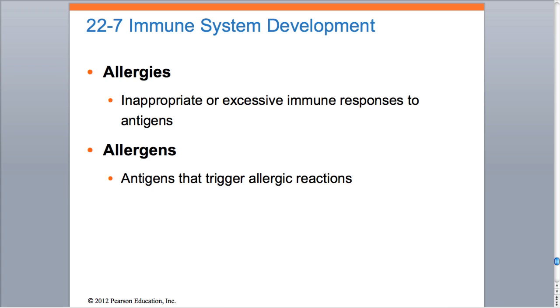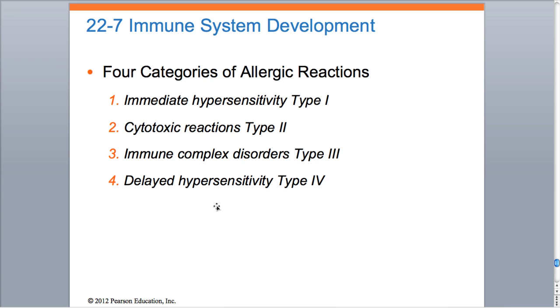Next slide, allergies. We all have them. And what are we responding to? We're responding to those weird antigens. So some of us have responses to certain antigens. Some people have allergies, some people don't. Some people develop them later in life. These are now 4 categories of allergic reactions. So type 1, type 2, type 3, type 4.